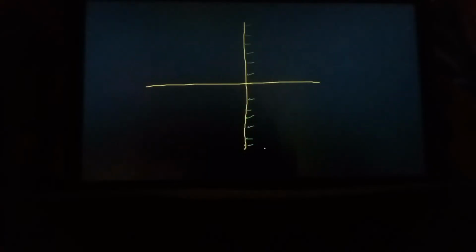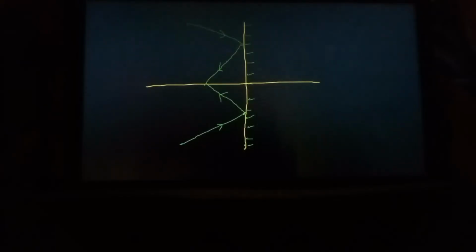Now light rays are coming like this, and here also like this. After reflecting, those light rays will meet at one point here.